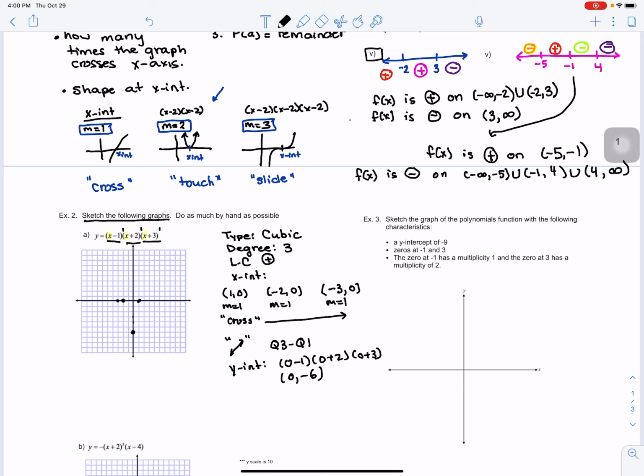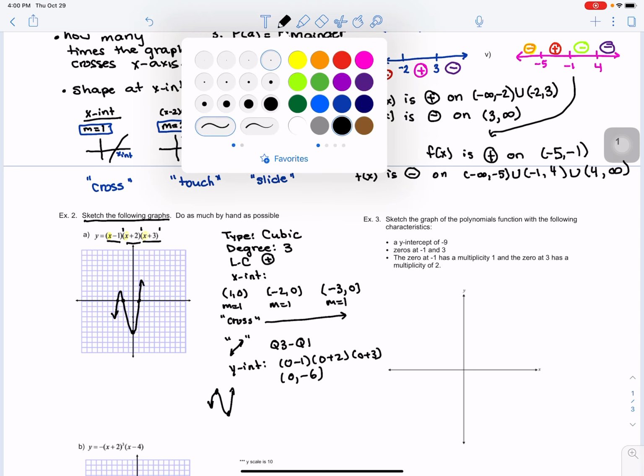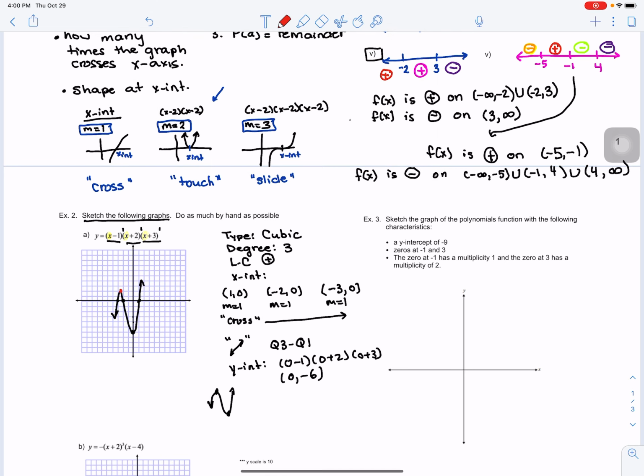And then I'm just going to draw it. Now remember those little bumps on a cubic? The high point of this or the low point of this, we don't actually know where they are without a calculator. So I'm going to sketch this as much as I can without the calculator. But the location of this point and this point, I don't know where they're going to end up.